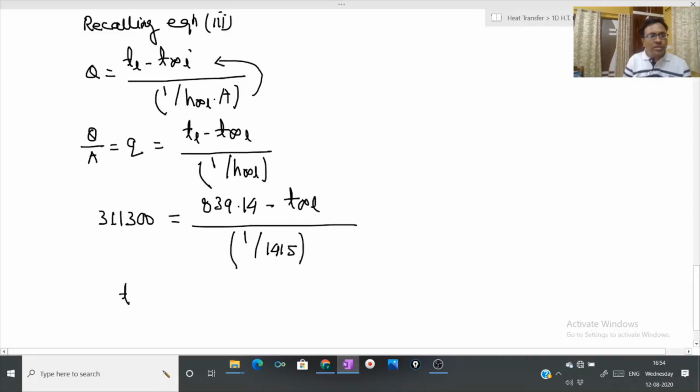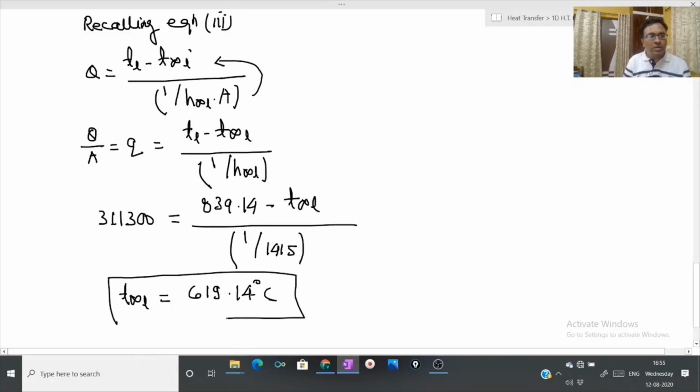So after doing the calculation, I could get the value of T infinity L as 619.14 degrees Celsius. And this will be our answer.